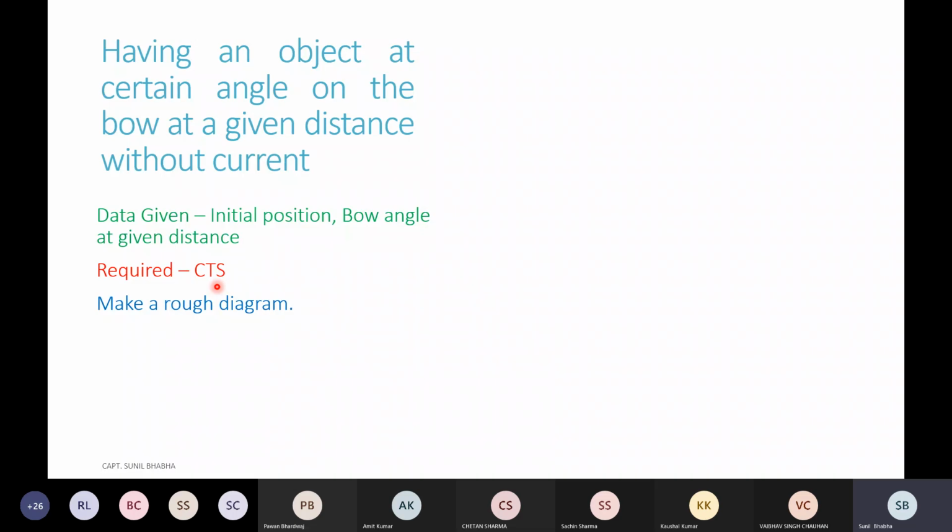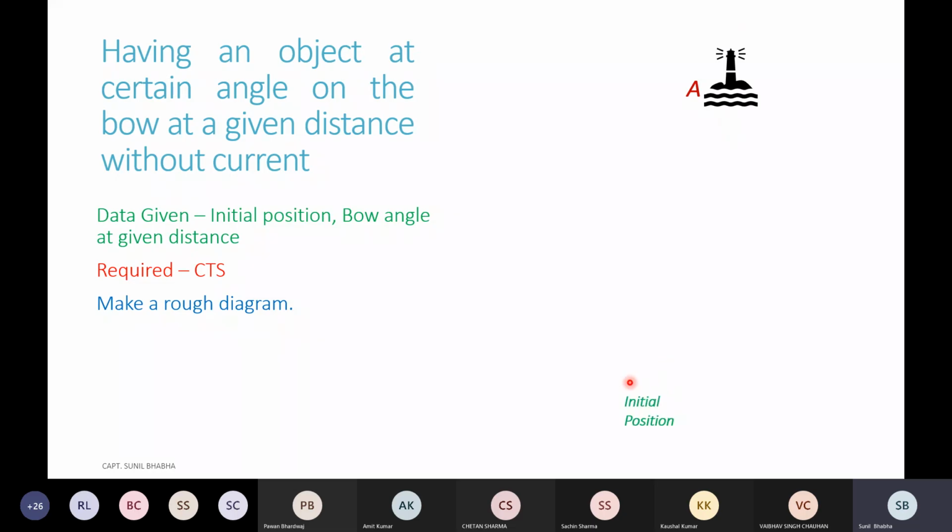Now, before we move on to the chart for plotting, we have to do some rough work on our answer sheet. So let's make a rough diagram. We will try to input all the information given in the question in the rough diagram. Let's assume that this is the object which is given to us, a lighthouse. Let's mark it as point A. So we have the object in our rough diagram.